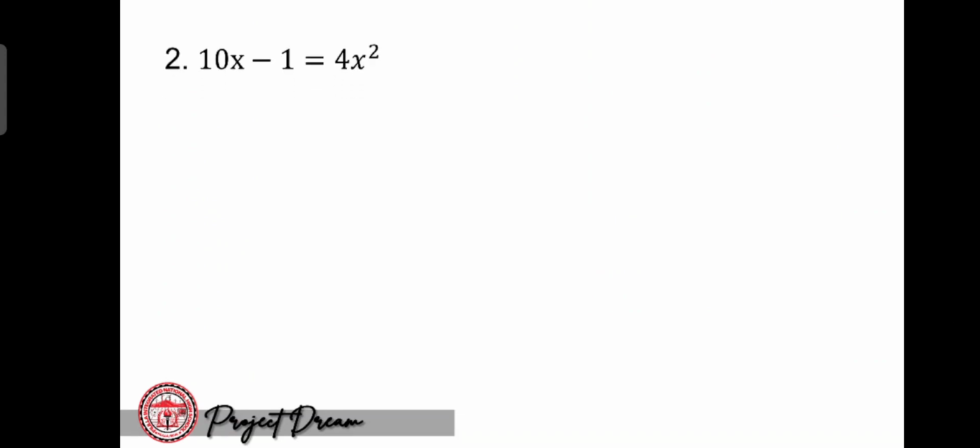Number 2, we have 10x minus 1 is equal to 4x squared. As you can see, the equation is not yet in standard form. Therefore, we will also transform it. Let us copy the given. So we will transpose 10x to the right side and negative 1.